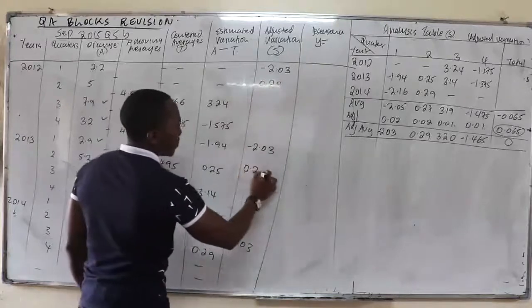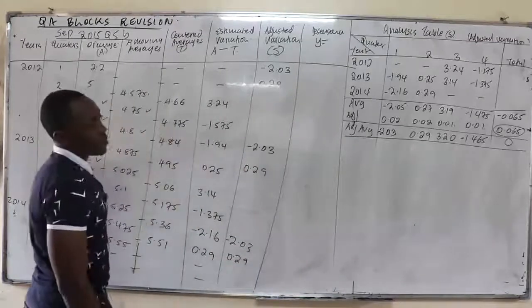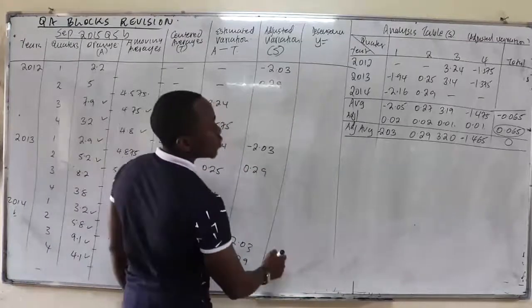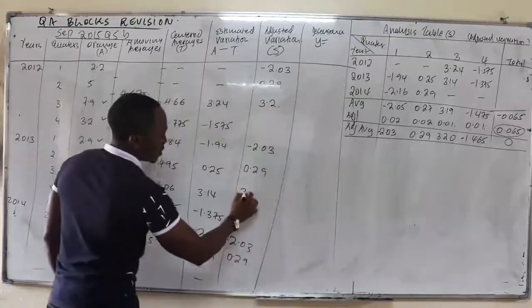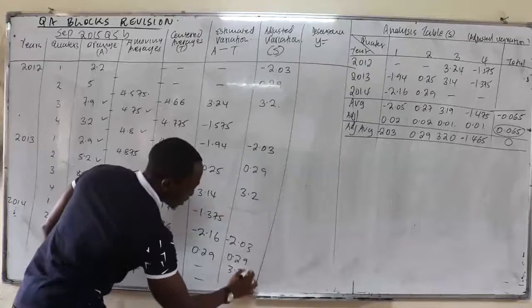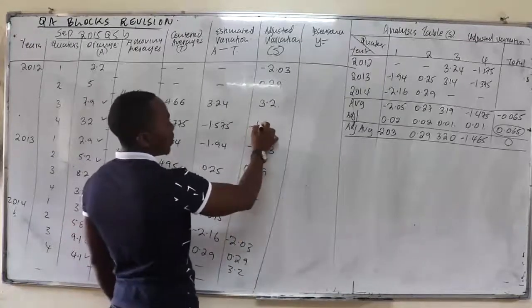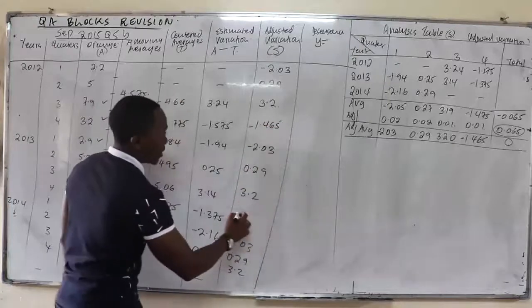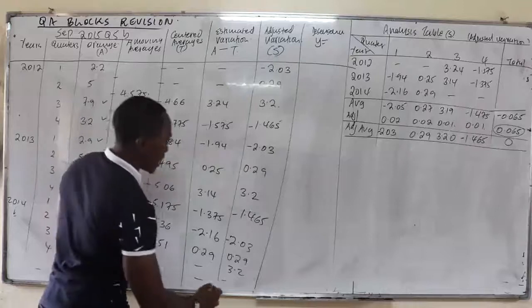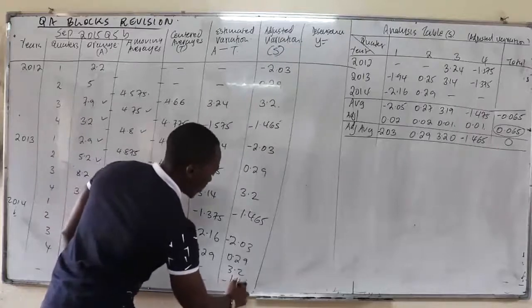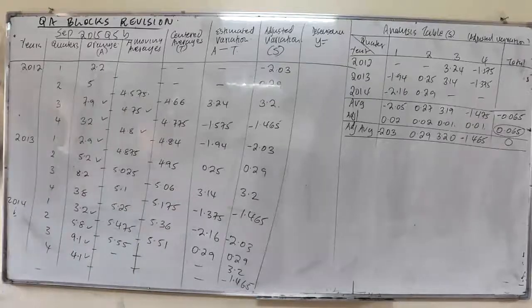Quarter three, we have 3.2 for each. And then lastly, quarter four, we have negative 1.465. That's how we get the adjusted variation.